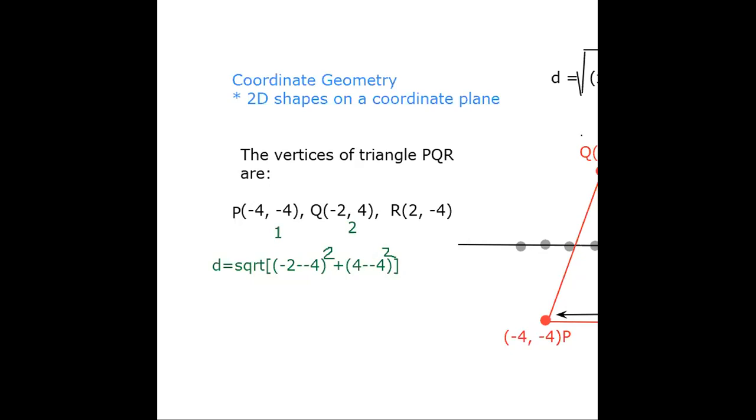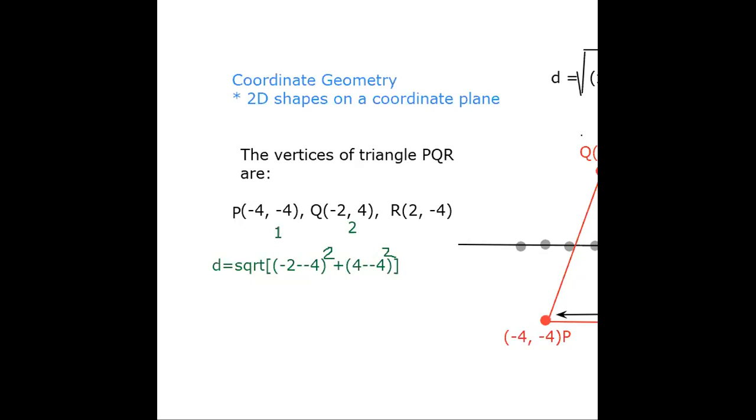So it's minus -4. Close your parenthesis, up arrow 2, directional pad to the right to get off of the exponent line, plus parenthesis 4 minus -4, parenthesis, up arrow 2. And then you're going to hit enter.